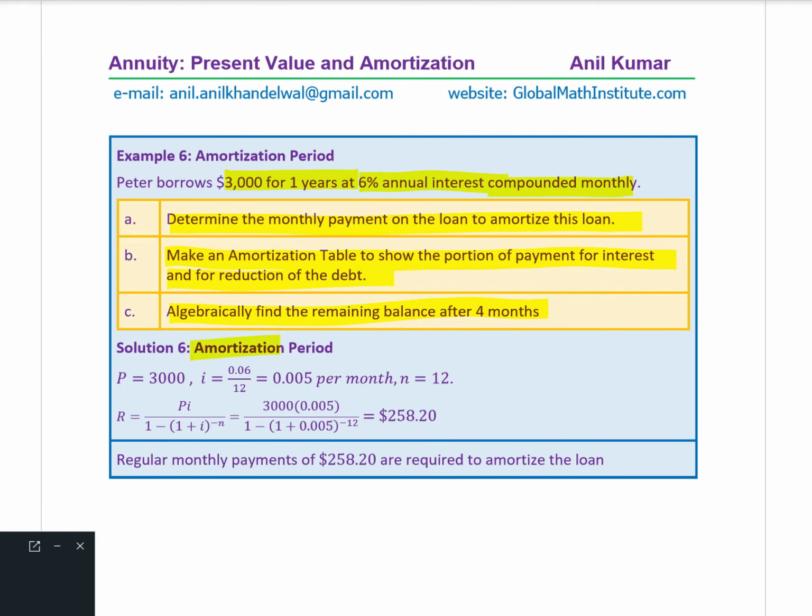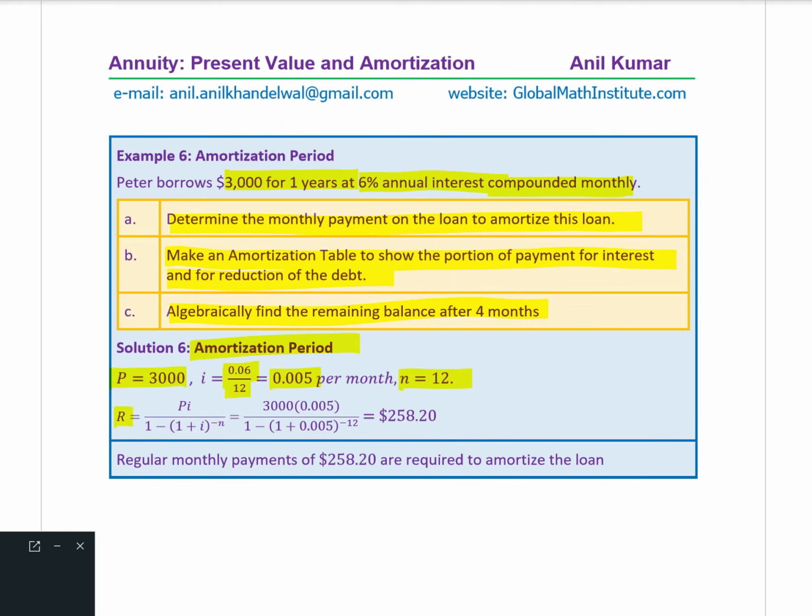Okay, so here is the solution. We know that the amount, which is principal, is 3,000. And the interest rate, we divide the 6% by 12 and get 0.005 decimal equivalent per period, right? And n is 12 periods.